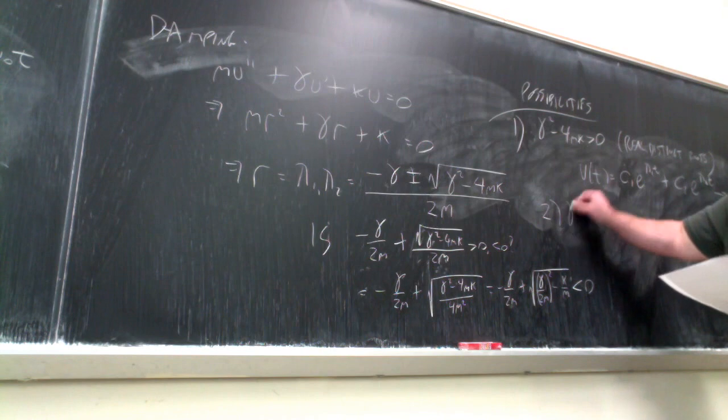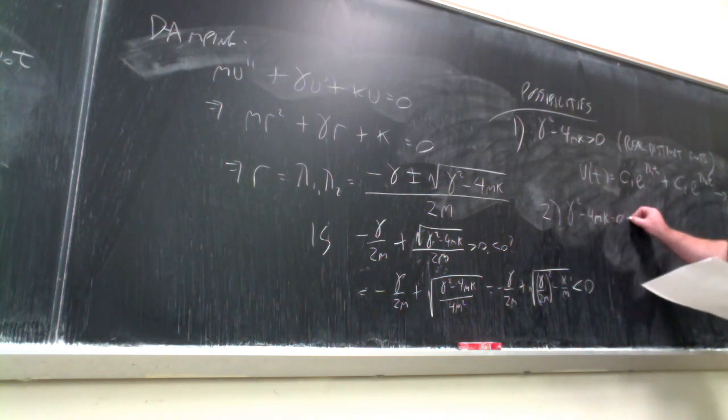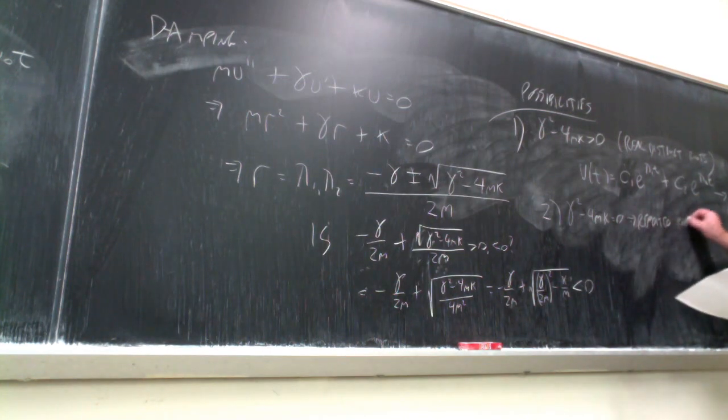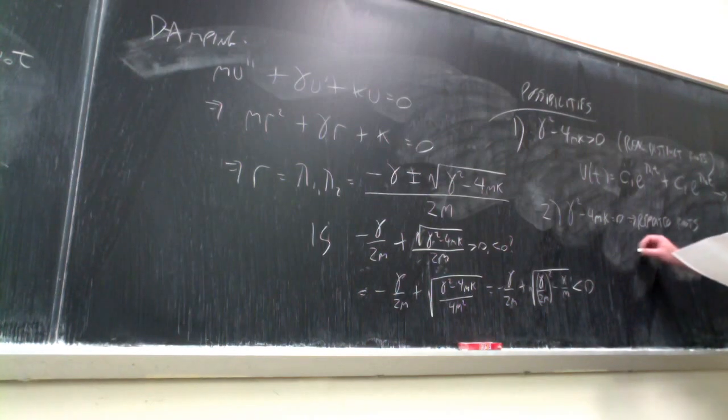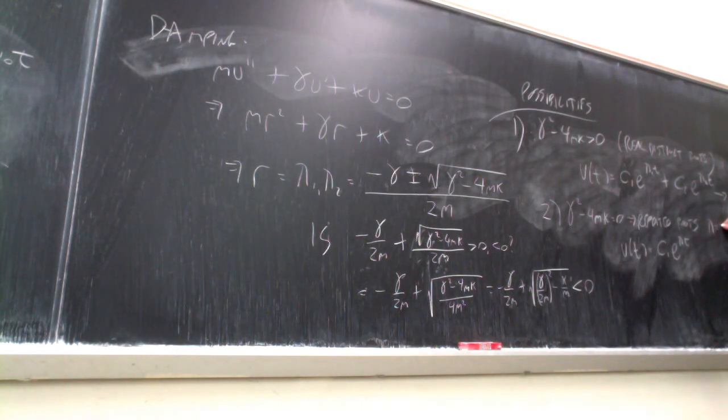If we have the discriminant equal to 0, we get repeated roots. So our solution has this form, a constant times e to the lambda t, where lambda is the one root. So lambda turns out to be minus gamma over 2m.